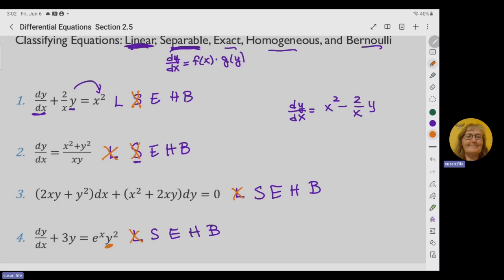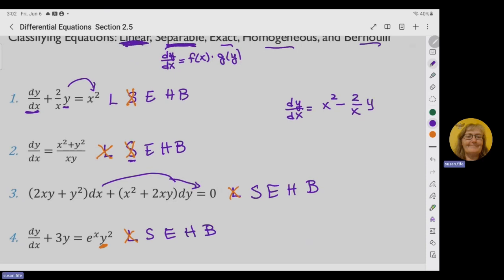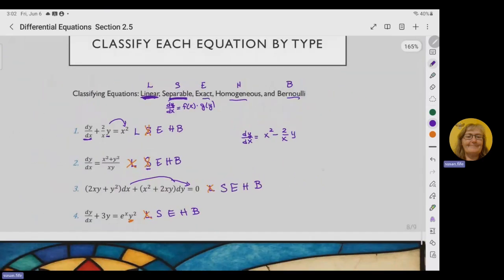Well, 3, I want the dy on top, so I'm going to bring my dx term over. This one will take a little bit of work. It'll give me x squared plus 2xy dy equals 2xy plus y squared dx.